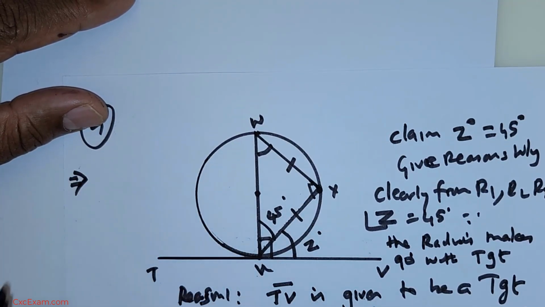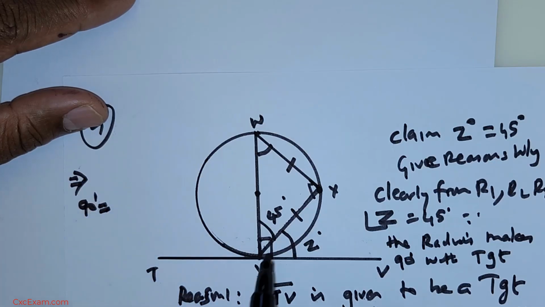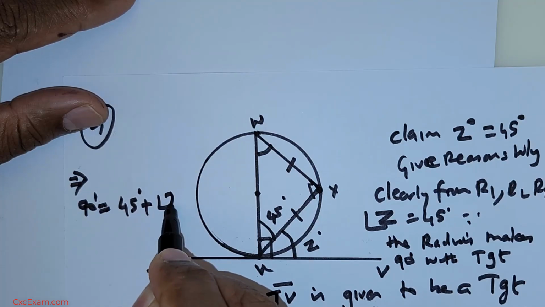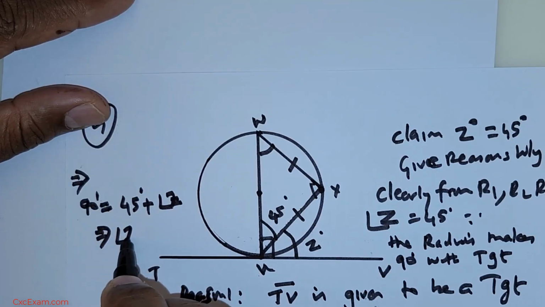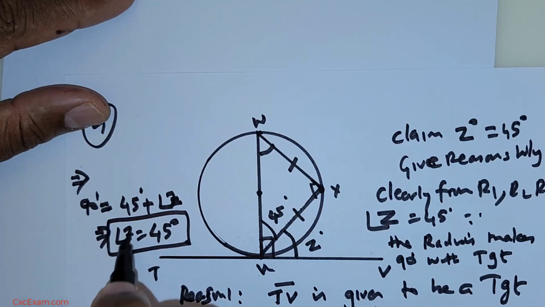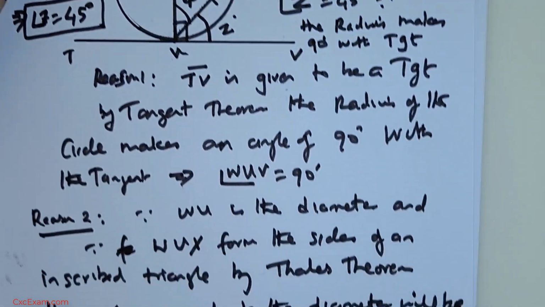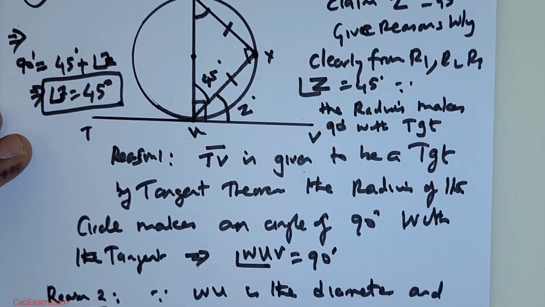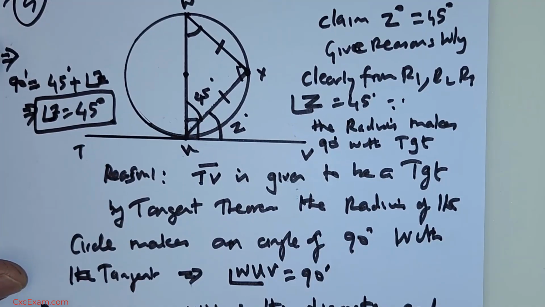So this implies 90 degrees is equal to 45 degrees plus angle Z, which in turn means angle Z is equal to 45 degrees. So this is the elaborate understanding of what is happening. I have broken up everything and provided you with a justification why it is 45.